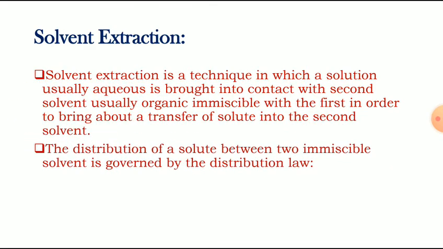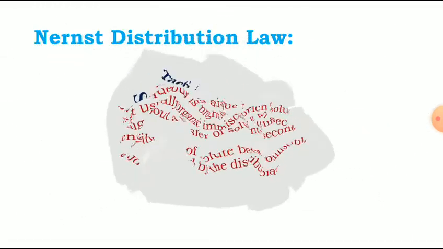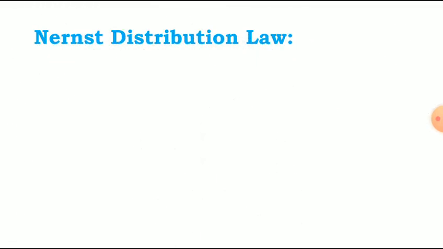The distribution of a solute between two immiscible solvents is governed by the distribution law. Now we are going to see what that distribution law is: the Nernst distribution law.